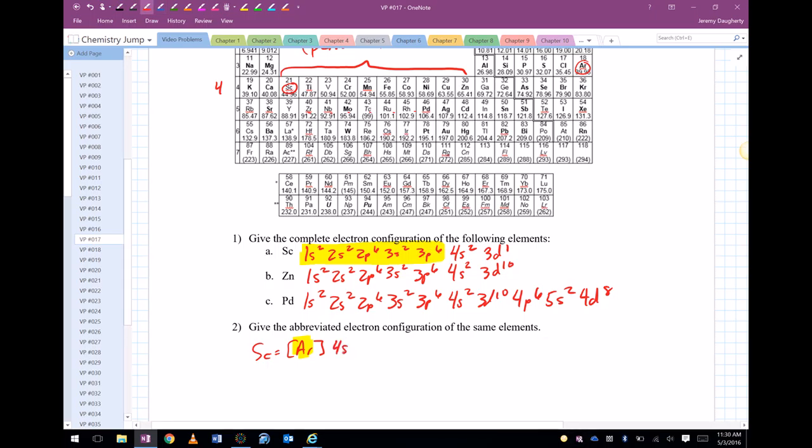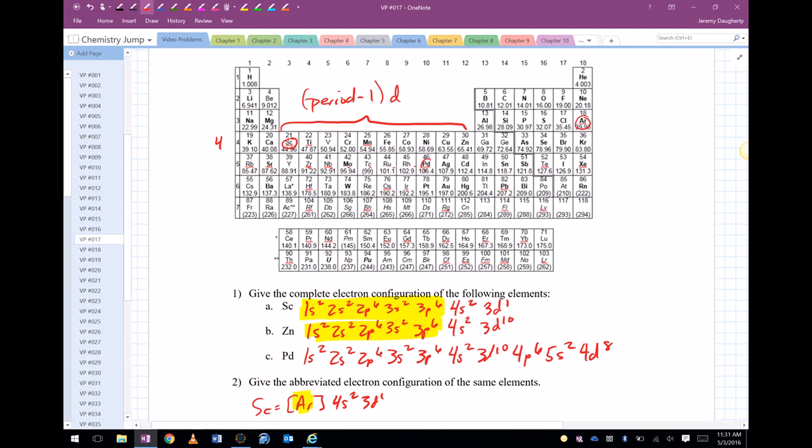So it's 4s2, 3d1. Zinc is going to be very similar because it's on the same period. So it's going to be argon, 4s2, 3d10. If we highlight that, that's what we're talking about there. Then palladium is on the next period. So here's palladium right there.